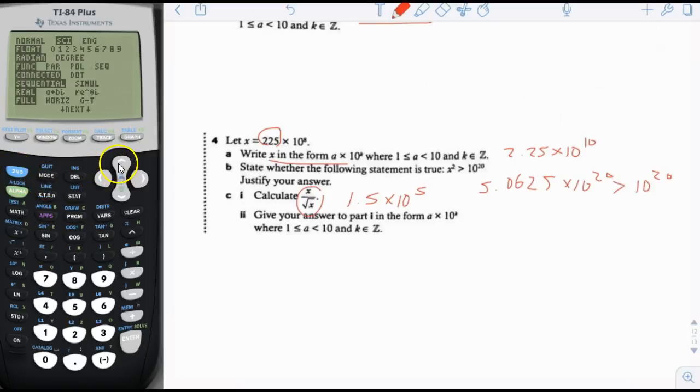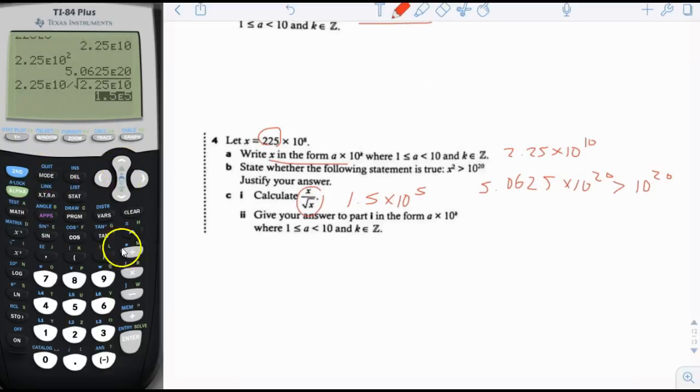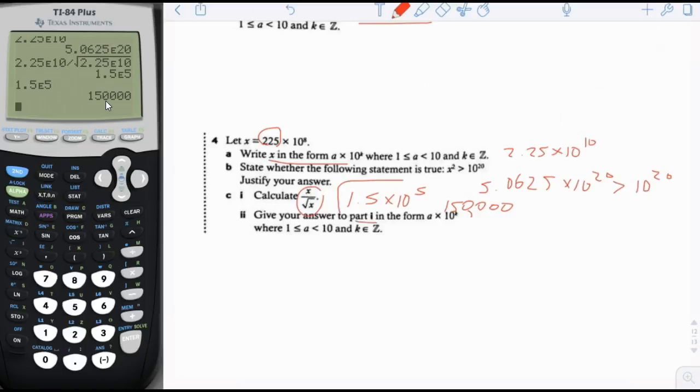So we'll just go back to normal mode. It's 15 with 4 zeros: 1, 5, 1, 2, 3, 4, which is also known as 150,000. Okay, so our answer to C1 is 150,000. In C2 it says, give the answer to part 1 in scientific notation form, which would be the first thing we wrote down. Okay, so that's it.